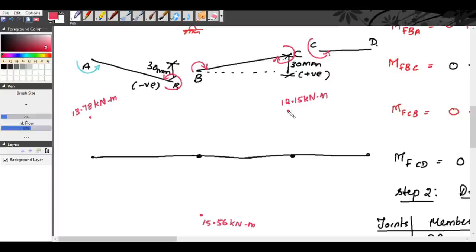So minus 12.15 kilonewton meter. At D it is minus 6.07. So anti-clockwise, it is downwards. So here it is 6.07 kilonewton meter. So your bending moment diagram becomes like this.